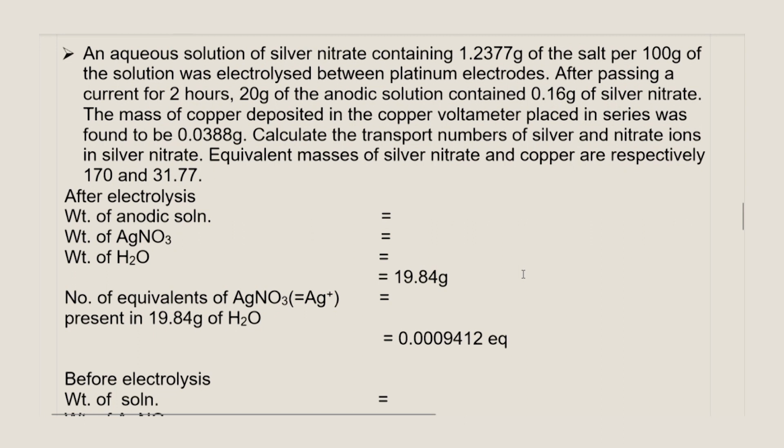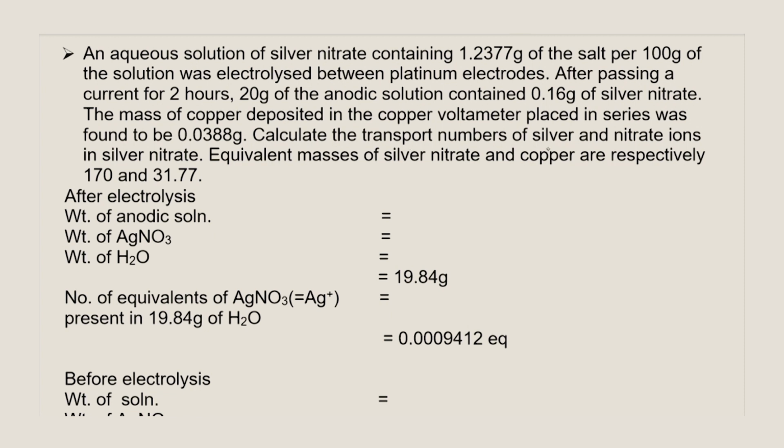An aqueous solution of silver nitrate containing 1.2377 gram of salt per 100 gram of solution was electrolyzed between platinum electrodes, and after passing a current for 2 hours, 20 gram of anodic solution contained 0.16 gram of silver nitrate. The mass of copper deposited in the copper voltammeter placed in series was found to be 0.0388.